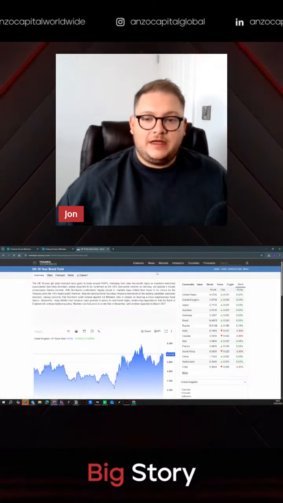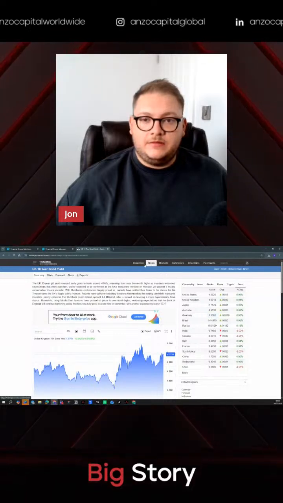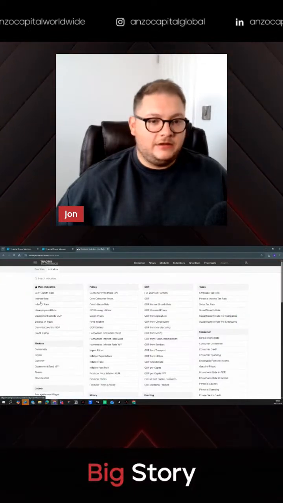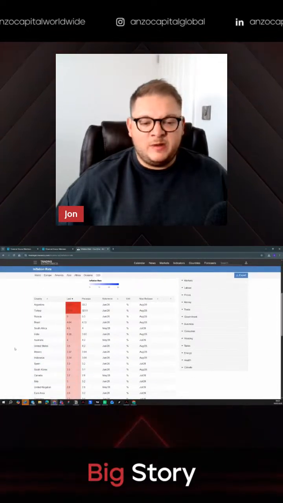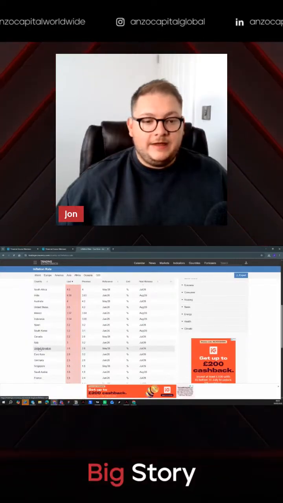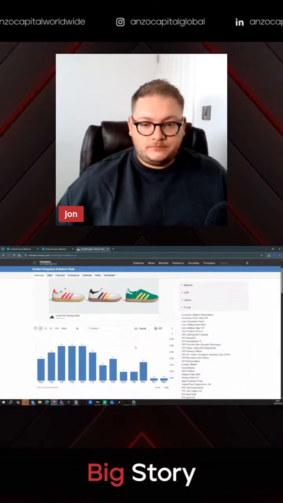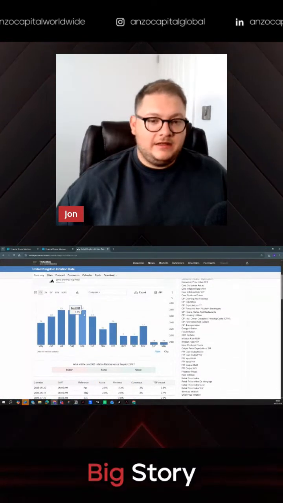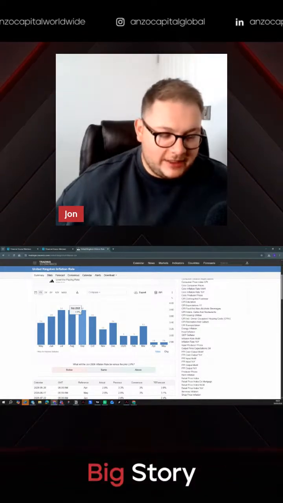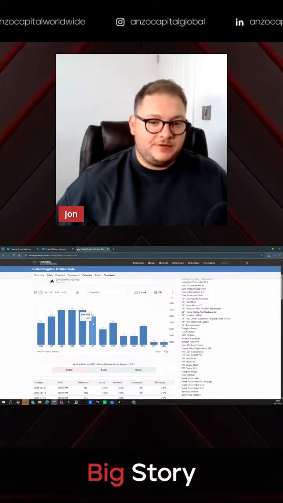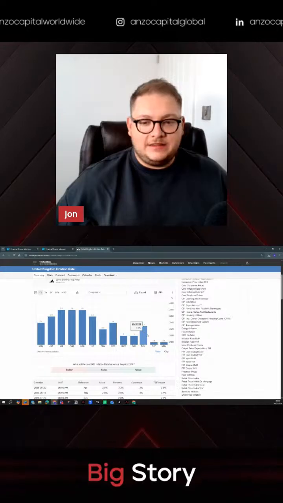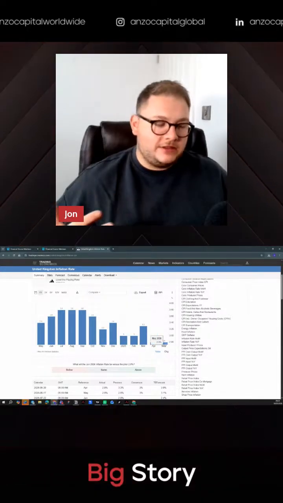Now, if we take a look at the United Kingdom indicators and we take a little look at the inflation rate in the UK at the moment, it was coming down. Okay, so the highest point we saw was really 3.8% in 2025. Since then, it has declined significantly, and we're around about 2.8%.